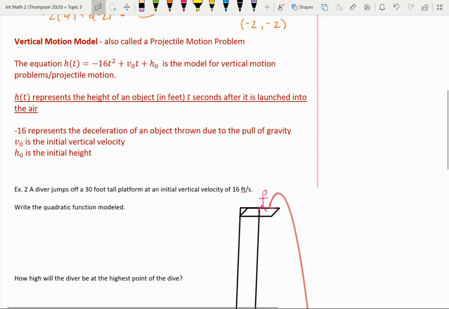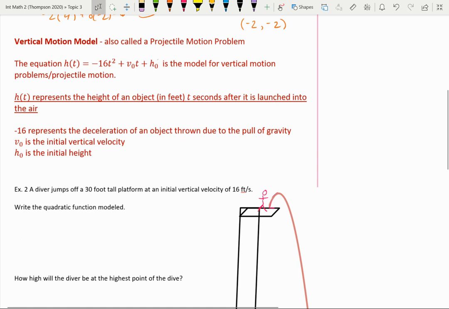When we talk about a projectile, we usually talk about something that's being thrown up or something that's dropping. For vertical motion problems, you can think of a football on the ground and somebody kicking it, and the path that football travels is the shape of a parabola.